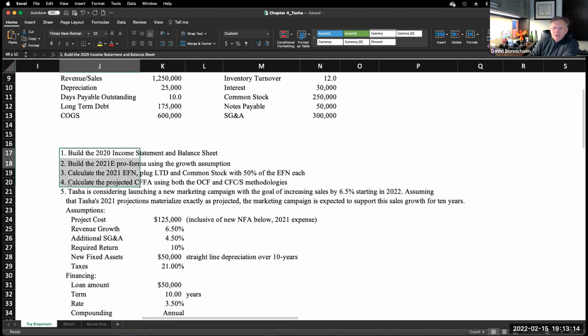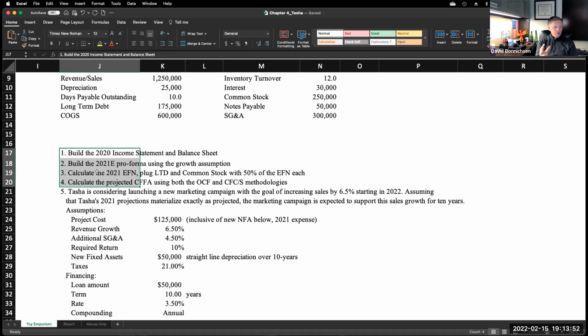All right, so any questions about 1 through 4 before we move on to the second deliverable for the midterm, and how we go about forecasting the incremental value add from a project that we might be looking at evaluating and implementing? Because once we get to question 5, which is what we're going to talk about tonight, up to now we've been talking about forecasting for the entire firm as a whole.